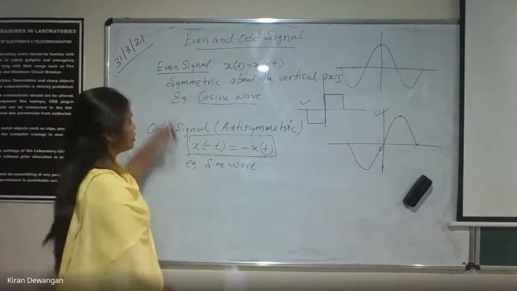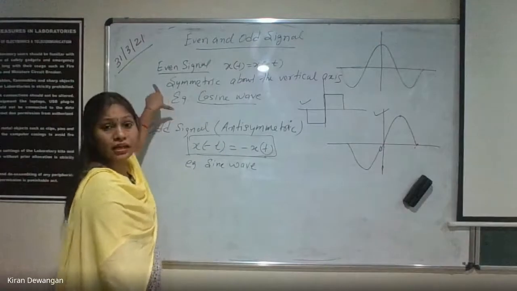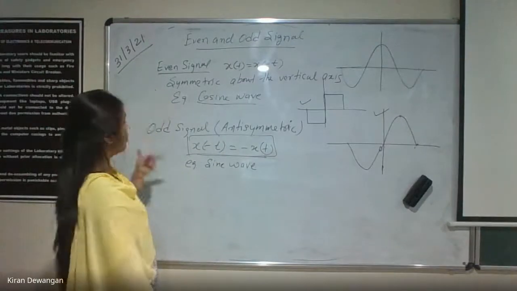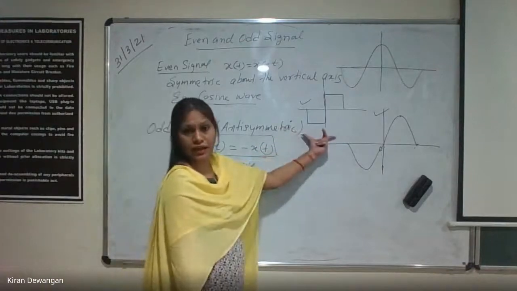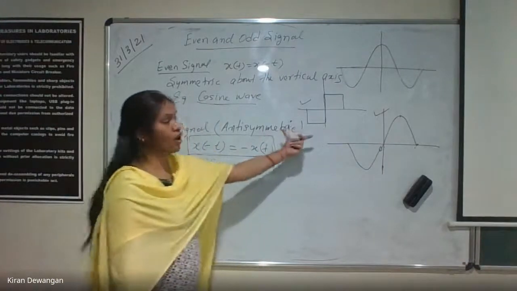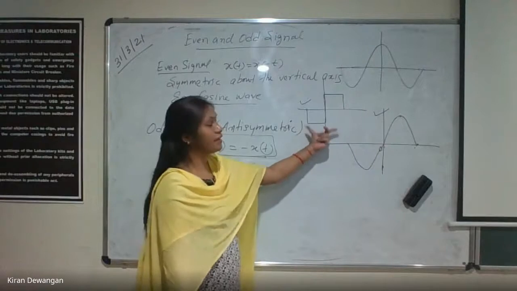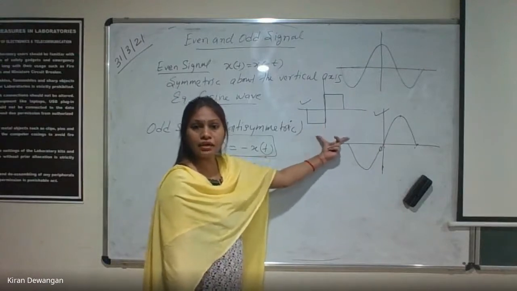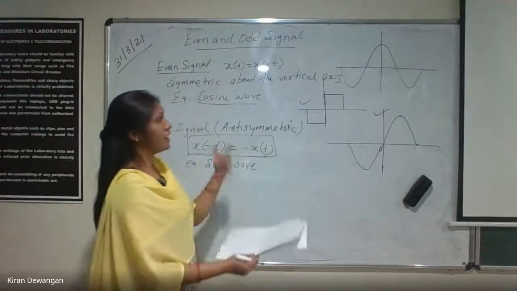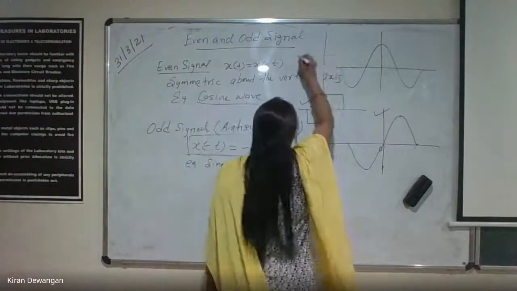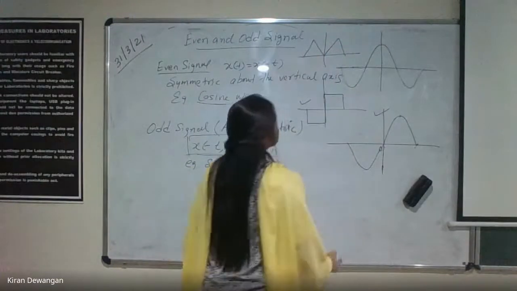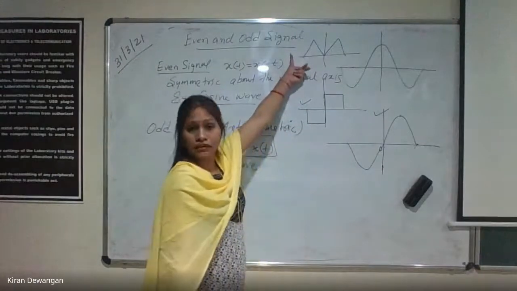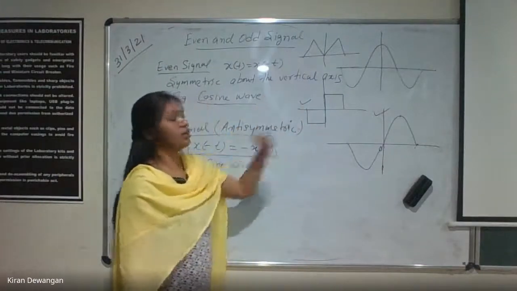So for the even signal, the cosine wave is an example; for the odd signal, the sine wave is an example. Or we can take another example like this, or like this, that this kind of signals are the even signals. This is even and this is odd.